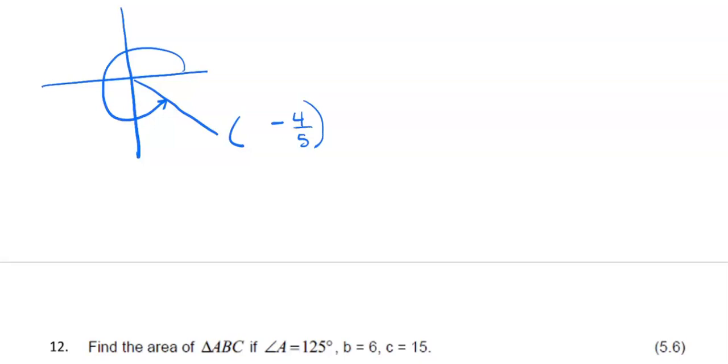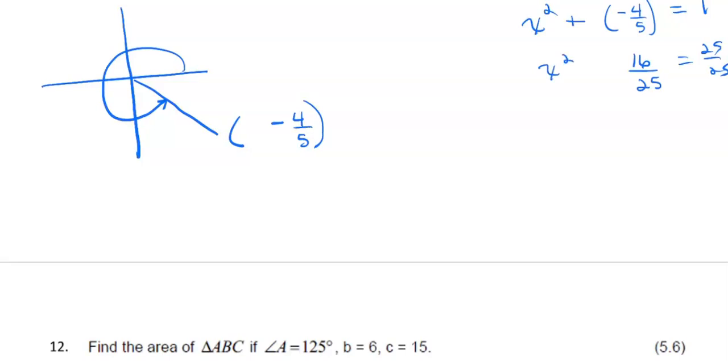The key thing is it has to be on the unit circle. So therefore, x squared plus negative 4/5 squared has to be equal to 1 squared. When I square negative 4/5, I get positive 16/25. Let's put our 1 in 25ths as well.